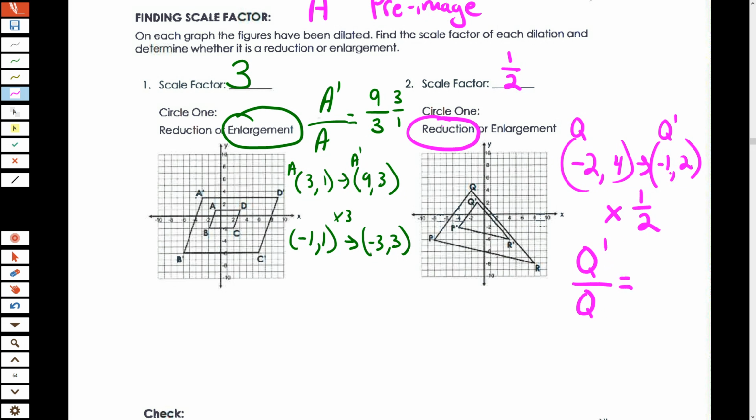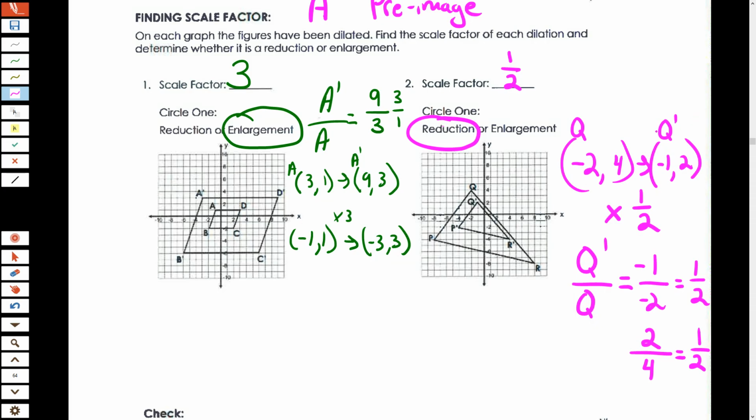Q prime, let's do my x values first, is negative 1. My Q value is negative 2. Negative 1 divided by negative 2 does in fact reduce to 1/2, so that does in fact work. Let's try it with my y coordinate. 2 over 4, which reduces to 1/2. So that is in fact my scale factor.